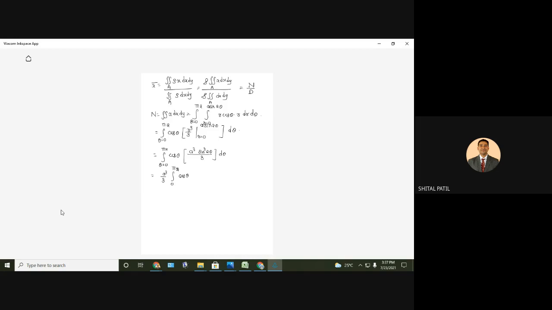Cos theta, and this is 2 sin theta cos theta. Now reduction formula number 4.